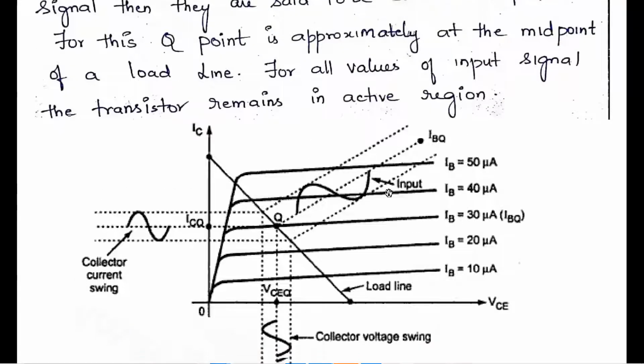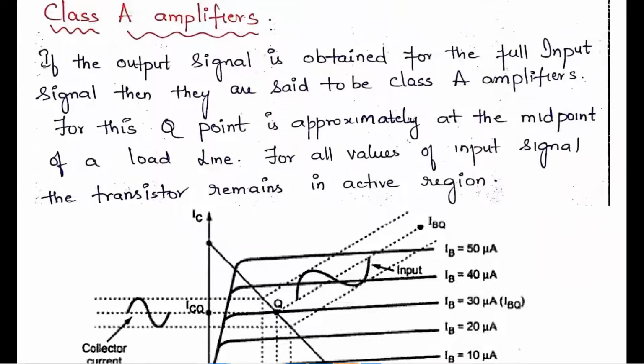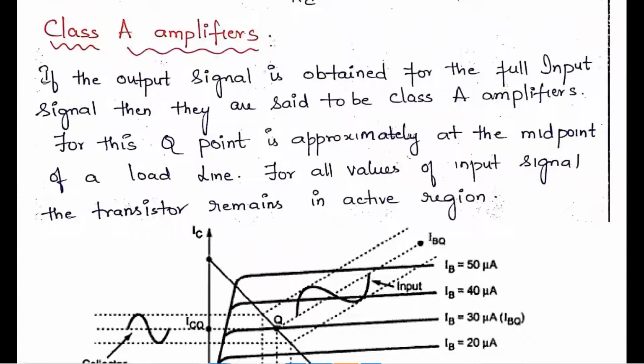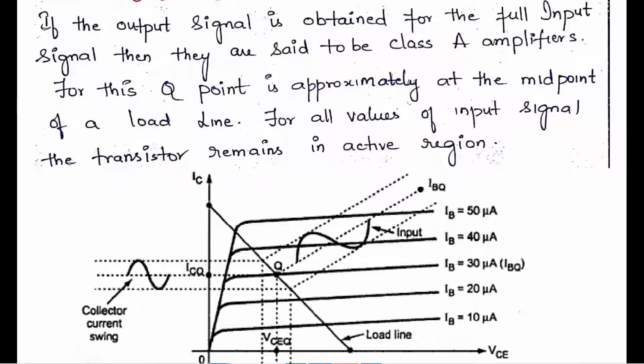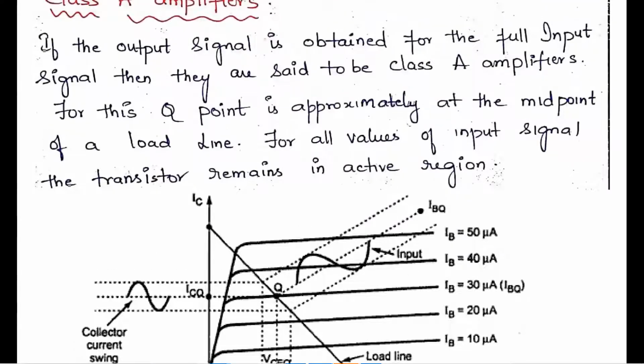Now, I told you for class A, we want both the positive as well as negative signals at the output. For example, a class B amplifier will amplify only one half cycle.